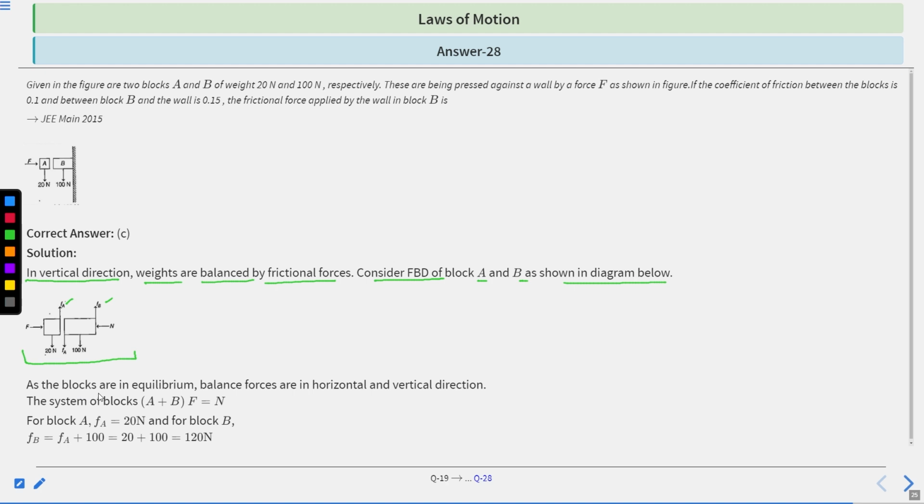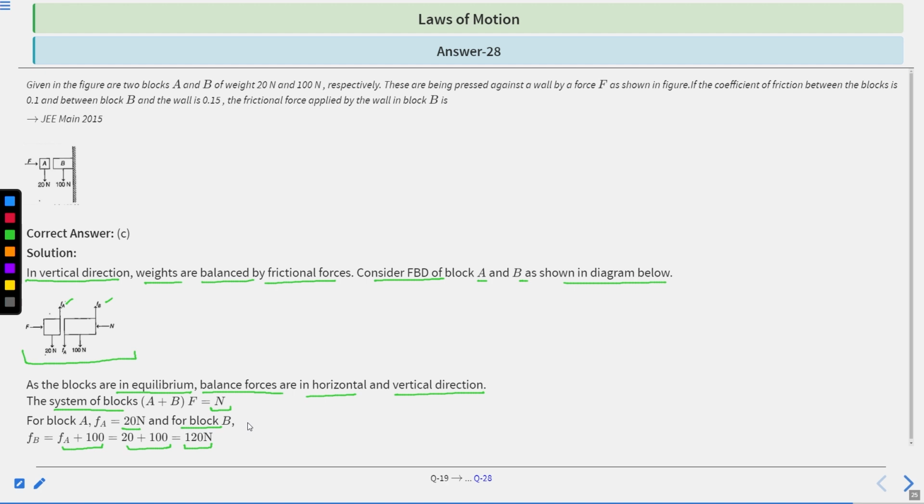As the blocks are in equilibrium, forces are balanced in the horizontal and vertical directions. For the system of blocks A plus B, F equal to N. For block A, fa equal to 20 Newton, and for block B, fb equal to fa plus 100, which is equal to 20 plus 100, 120 Newton.